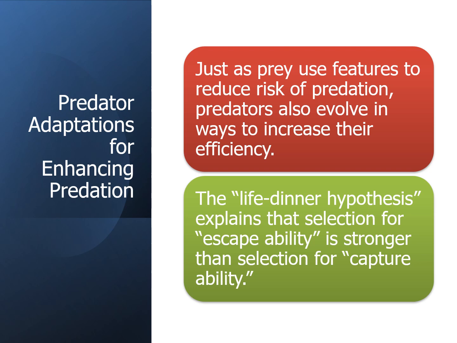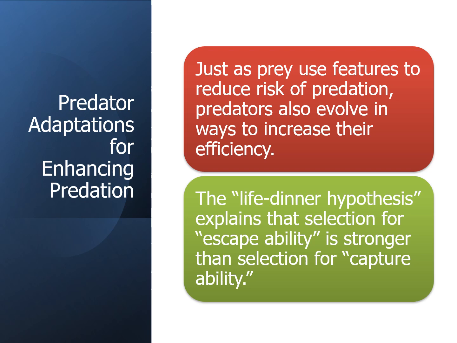And then we have this hypothesis, the life dinner hypothesis, which explains that selection for escapability is stronger than the selection for capturability. And that is why we don't see predators adapting so well to catch prey that prey are consumed to extinction. And the reason that we see this is kind of an odd one. So kind of listen carefully here. So the cost of losing in a predator-prey interaction is much higher for the prey, right?